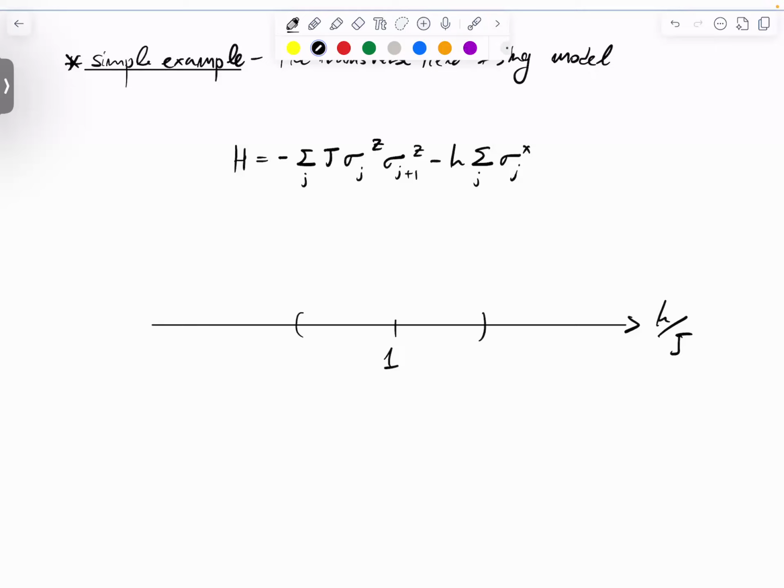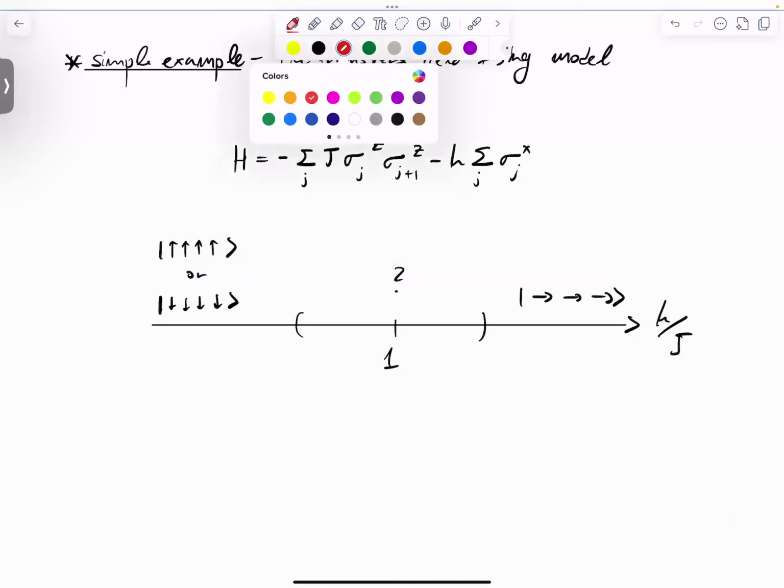Okay, here I don't know what's going to happen, but if I go to very, very large H, then all the spins are pointing in the X direction. And in the other regime, where H is much smaller than J, we have all the spins, say, pointing up, or all the spins pointing down. It turns out that one can use something known as a Jordan-Wigner transformation to map these.